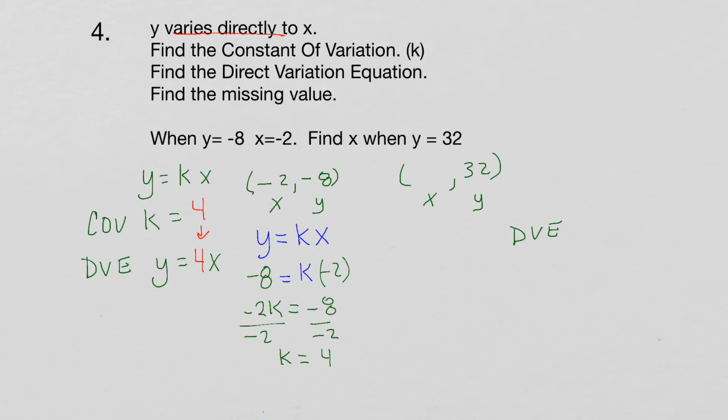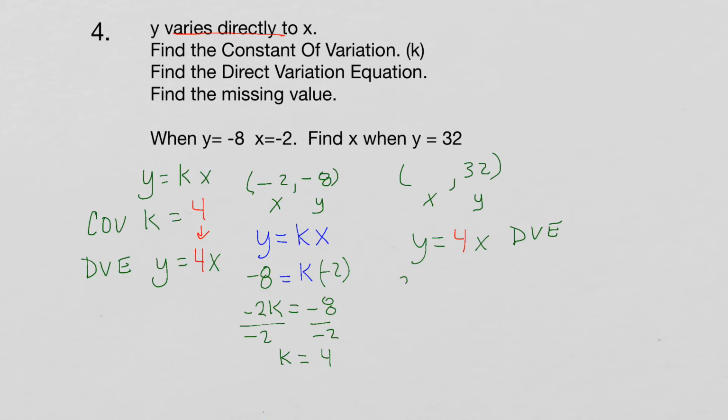I'm going to use my direct variation equation in order to find my missing x. So I'm going to start with y is equal to 4x. Now I'm going to plug in what I know.